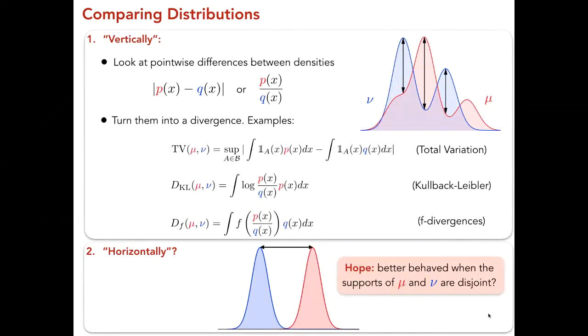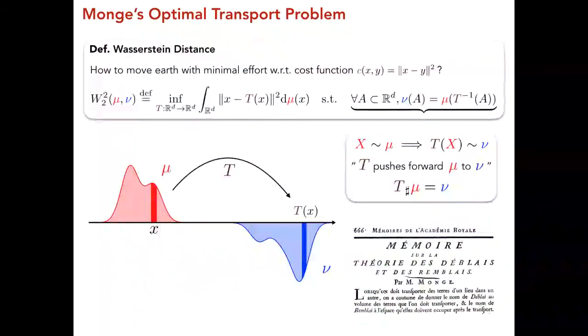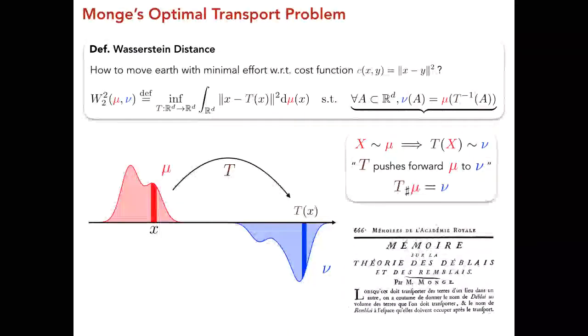Okay. So essentially, optimal transport is exactly this. It's a way to compare distributions according to horizontal distances, distances between the points on the supports of the measures.